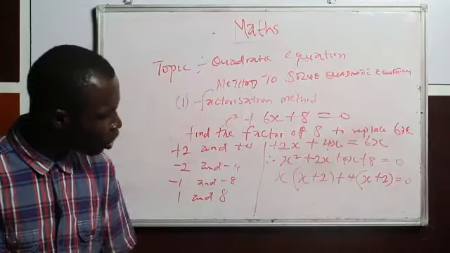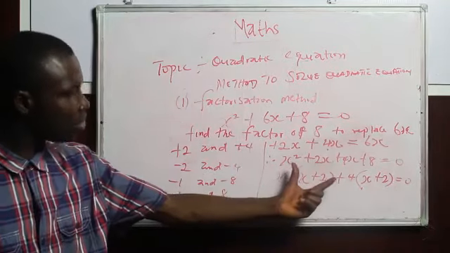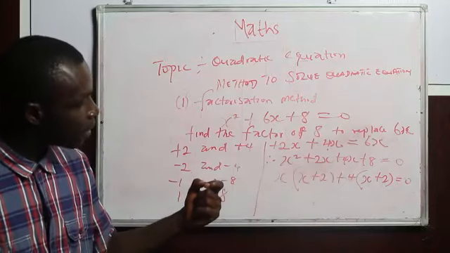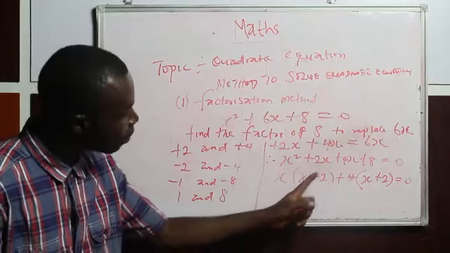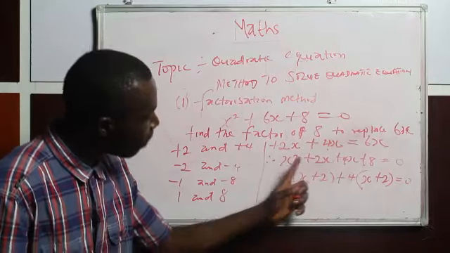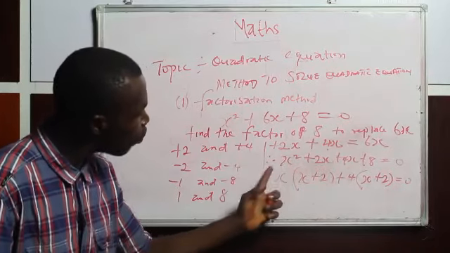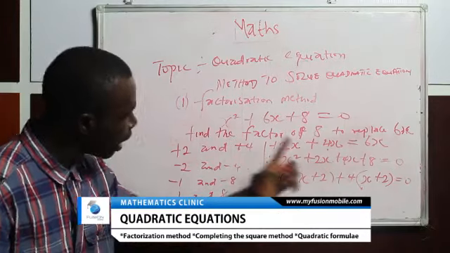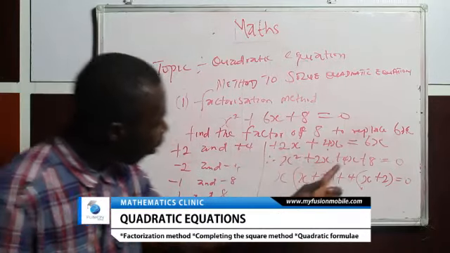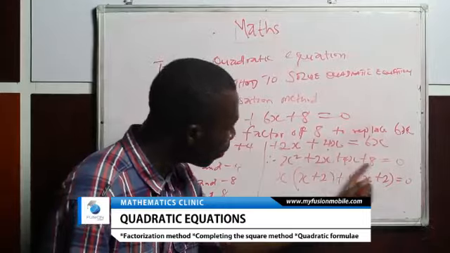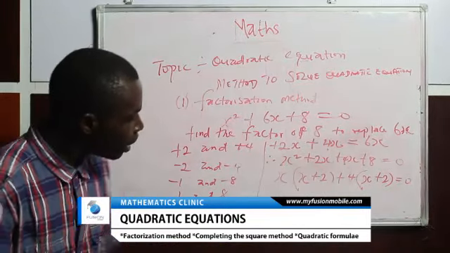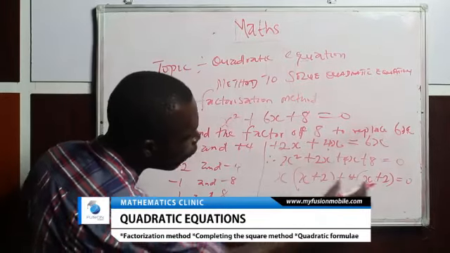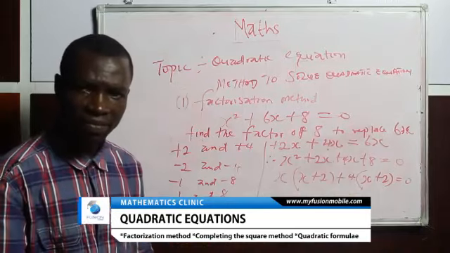Now, from this equation, we discover that factorization can be used because x plus 2 is common. In x squared plus 2x, they have one thing in common, which is x. Here also, in 4x plus 8, what is common is 4. Therefore, they have the same value in their brackets.